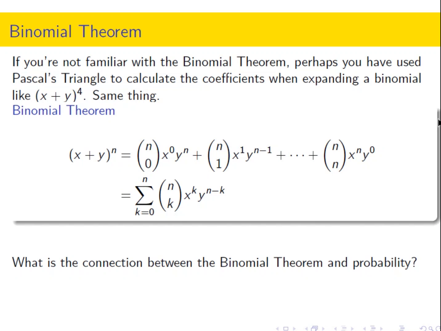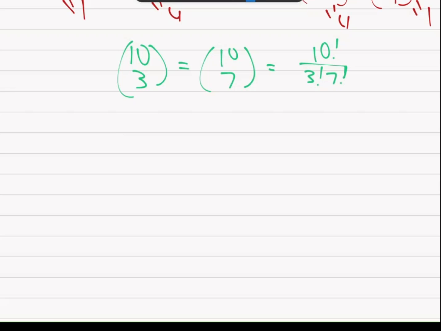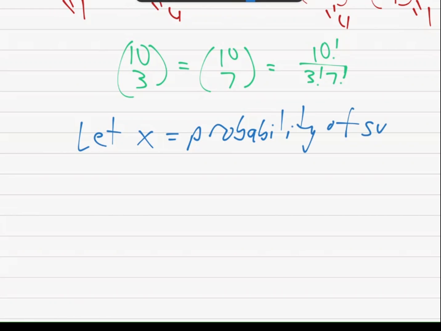What is the connection between the binomial theorem and probability? Well, what we're going to do is let x be the probability of success. So then x has to be between 0 and 1, and we'll let y equal 1 minus x, so y is the probability of failure.